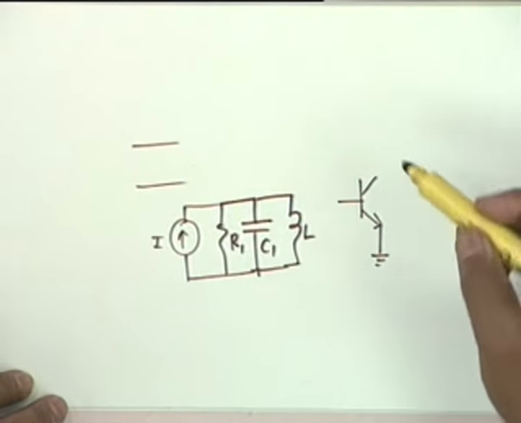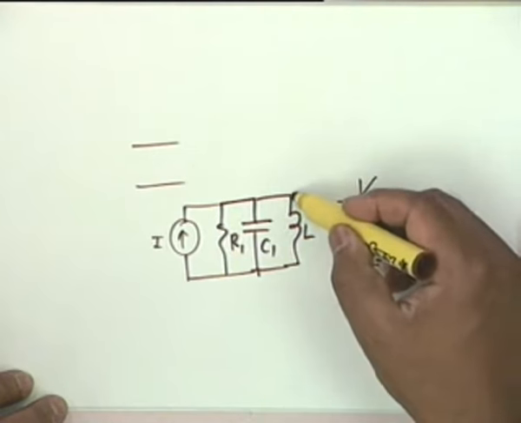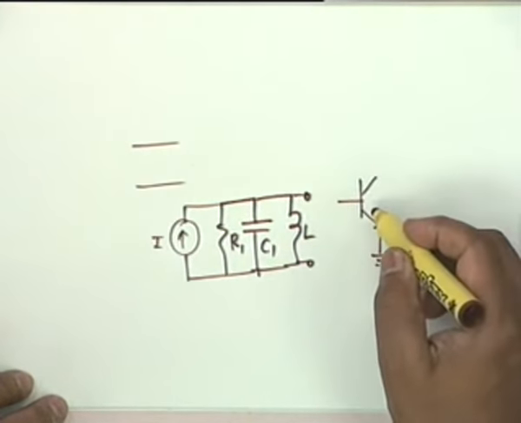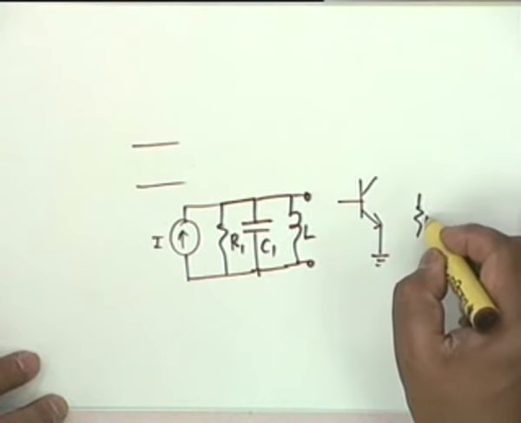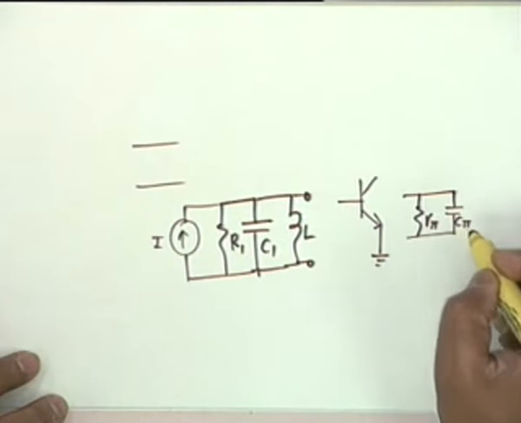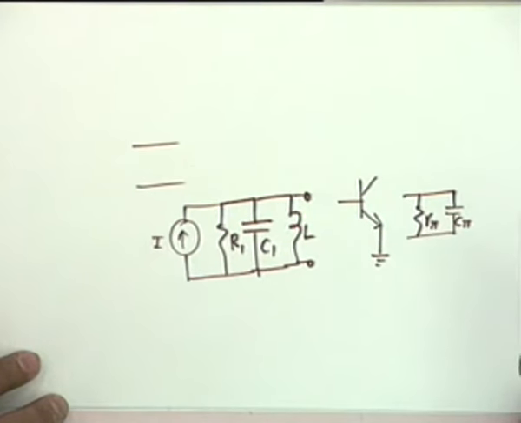Obviously, if you connect it directly, what this will see is a parallel combination of R pi and C pi. Perhaps there would be a C mu also.